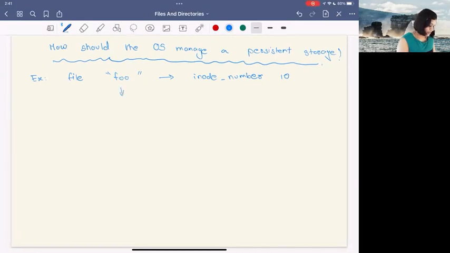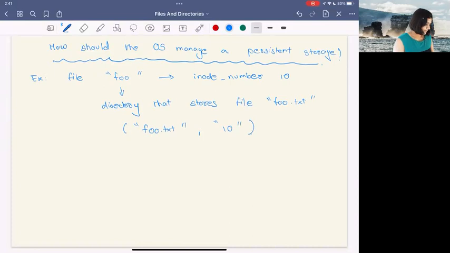So if it is inode number 10, then this inode number 10 cannot be used for any other file. Now, the directory that stores or contains file foo will store information such as the file name, which is foo.txt, and its inode number, which is unique to this file.